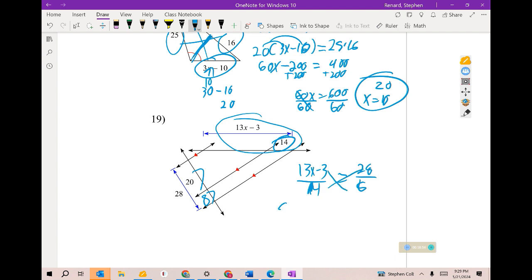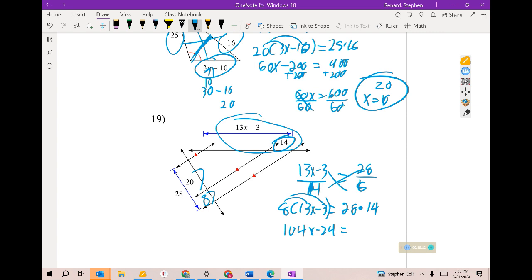Cross multiply. So we have 8 times 13x minus 3 equals 28 times 14. Distribute the 8. And 28 times 14 is 49 times 8.